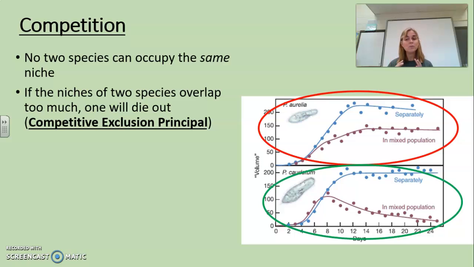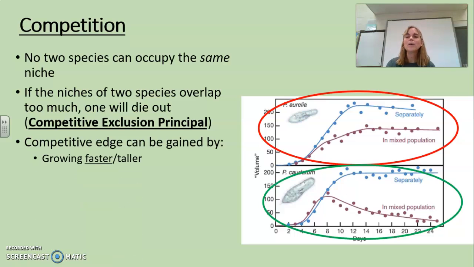And when they were grown together in the same area, their niches overlap too much, and basically both can't survive. So in real life, you're not always going to get things dying out. Basically, that's a reason where you would maybe have a fundamental niche that looks different from a realized niche. An organism will simply leave and go somewhere where there's less competition. So that would often happen.